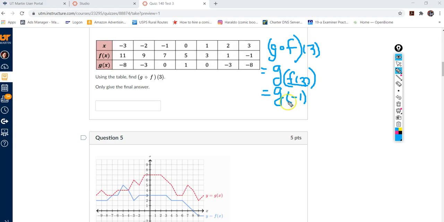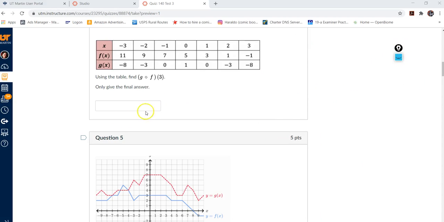Now I have to find G evaluated at -1. So if x is -1, where does that intersect with G of x? And G of -1 is equal to 0. And that is my answer. And so I put 0 in here.